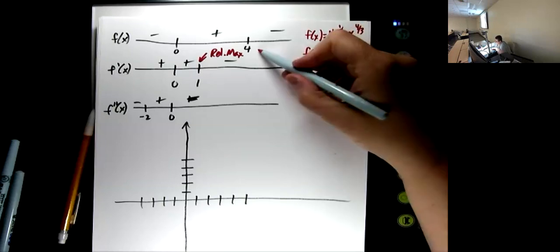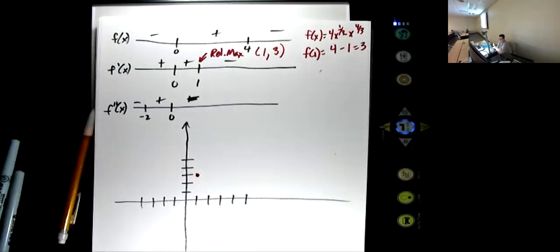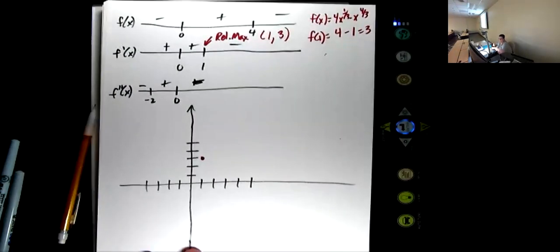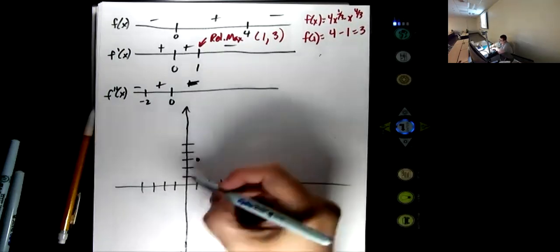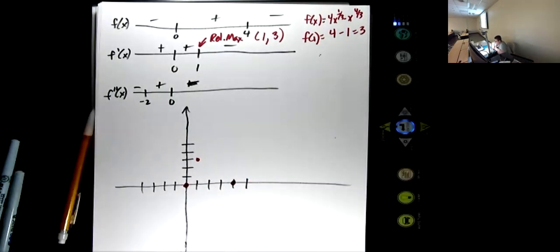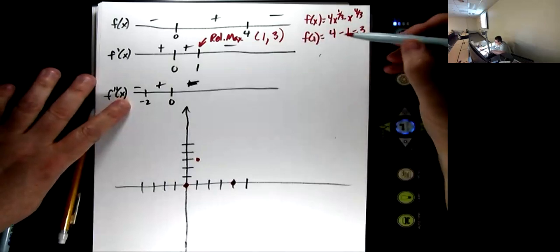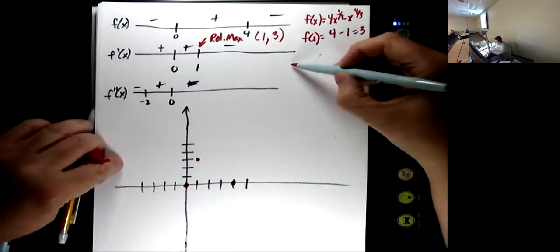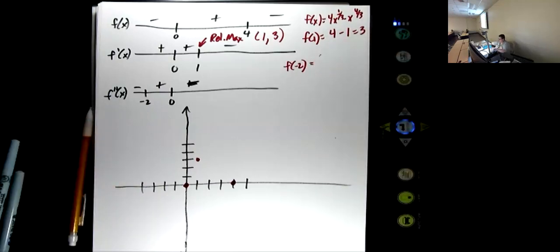So the relative max is actually at (1, 3). And we had zeros at (0, 0) and (4, 0). And it looks like -2 is an inflection point. Oh, I don't know what that value is. Might need a calculator for this one.